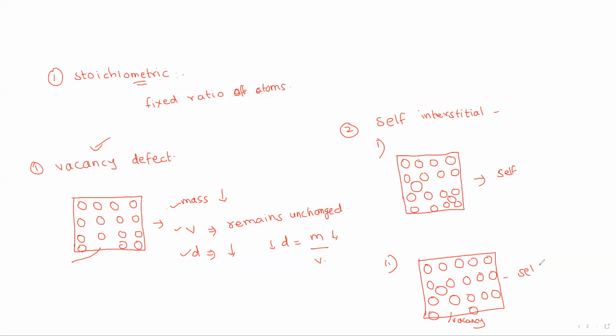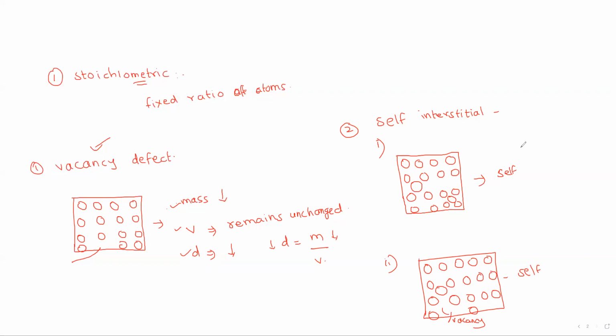So this is also a case of self-interstitial, but this is not an extra particle. This is the particle from this side. It has just changed its position and been placed interstitially. So this is case number two. In case number one, an extra particle was placed in self-interstitial places, but here the regular site particle leaves its position, creating a vacancy, and takes a self-interstitial position.